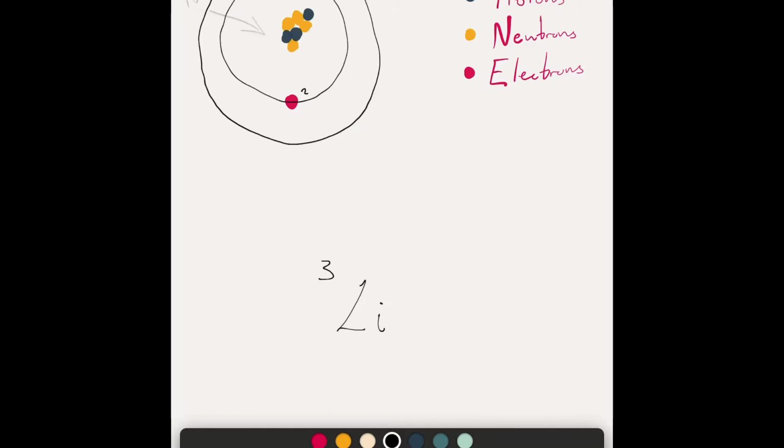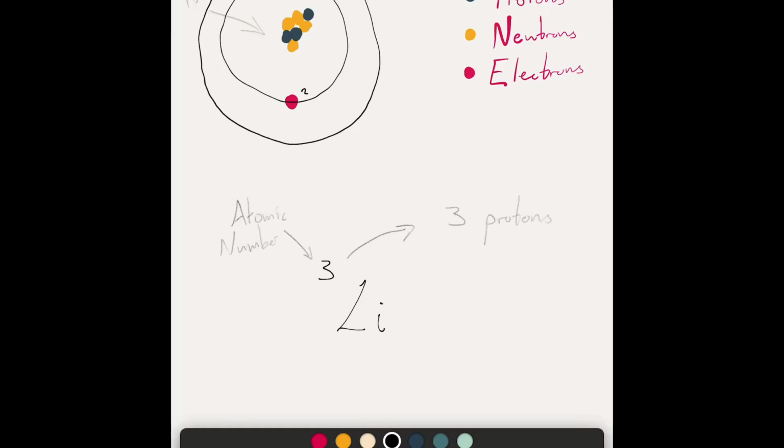And you'll see that the atomic number here is 3. What that means then is that it has 3 protons.